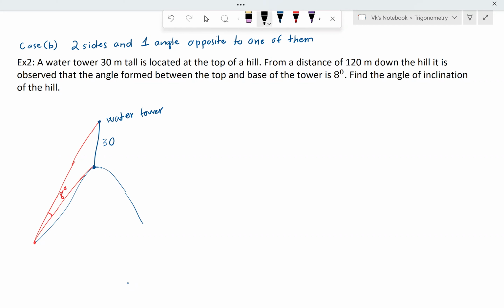The other angle is the elevation, or the angle of inclination of the hill. This angle theta here. We want to figure out what the angle theta is. In order to figure out the angle theta, it belongs to a right triangle. And if we can figure out this angle, let's say alpha right here, then we can figure out the angle theta.